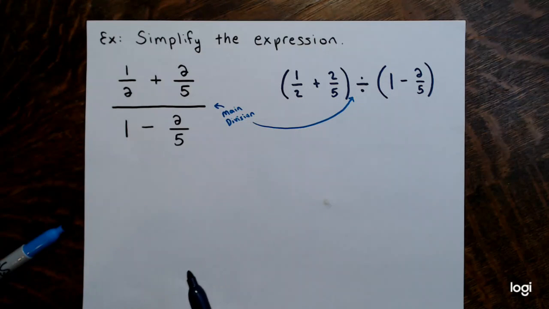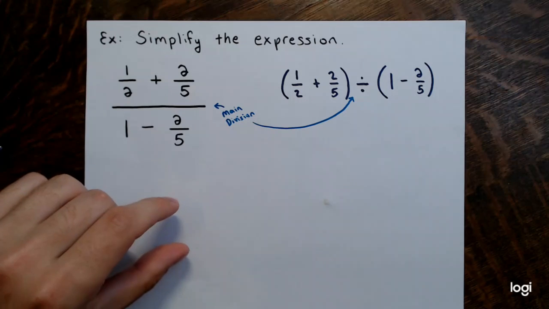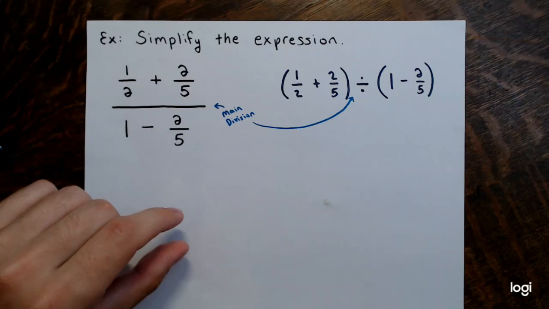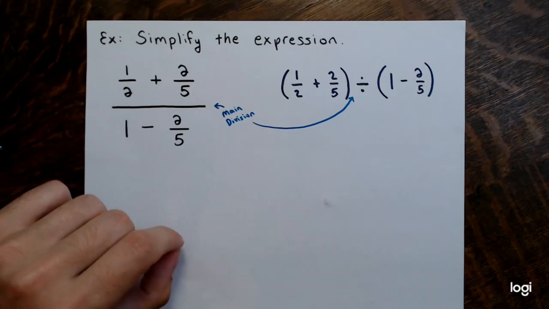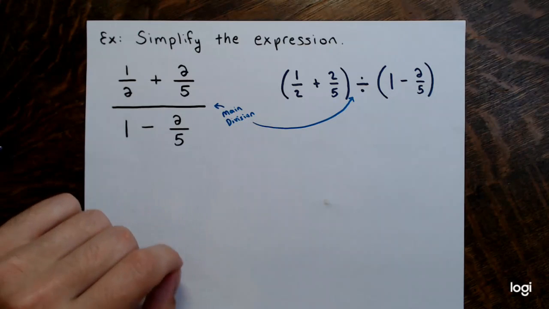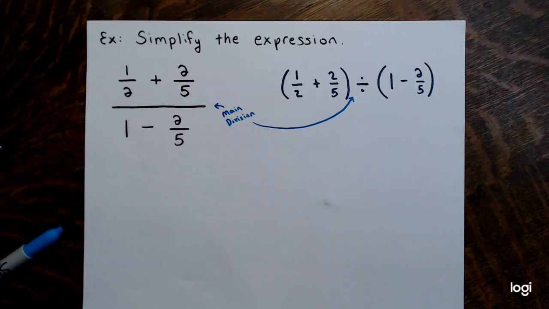So fractions within fractions, complex fraction. But our goal is to write a single fraction that is simple at the end. One numerator, one denominator, no fractions in numerators, no fractions in denominators, and also simplified, so that there's no common factor between the numerator and denominator.